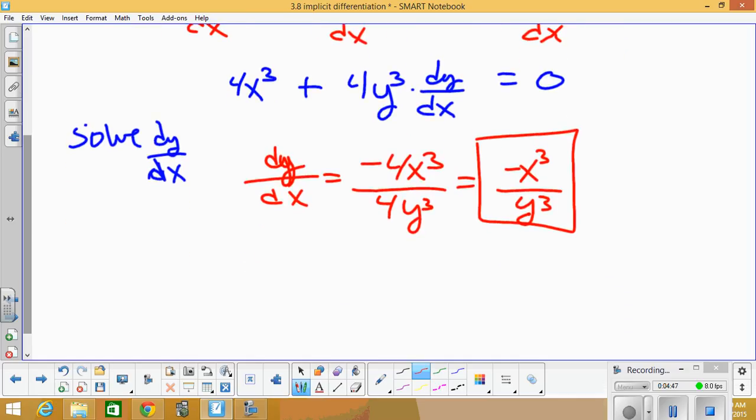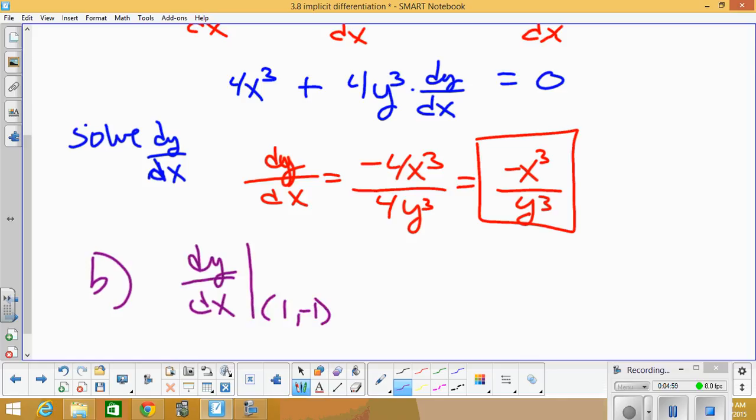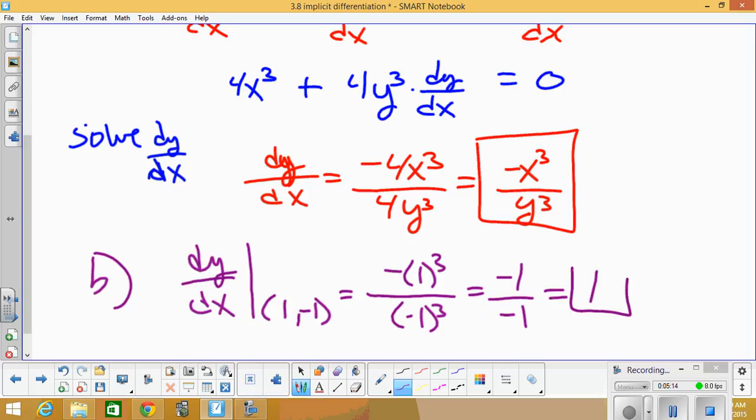Now when I go to evaluate, which was step B, they wanted me to evaluate dy dx using the point 1, negative 1. So I'm going to plug my x and y values into this function. And we can see it should be negative 1 over negative 1, or a value of 1.